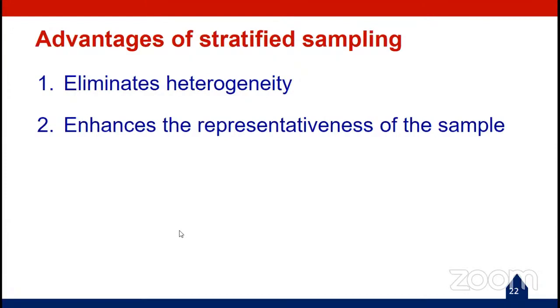There won't be any underrepresentation of a particular subpopulation. Because of this, it eliminates the heterogeneity. It will further reduce the selection bias.